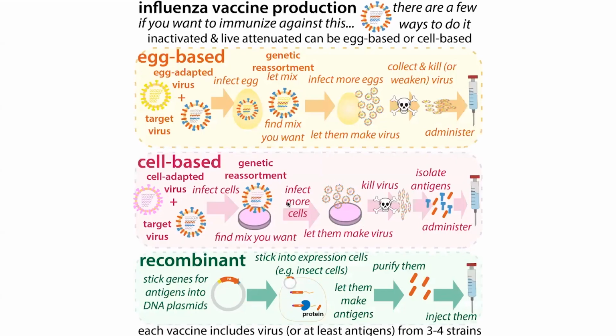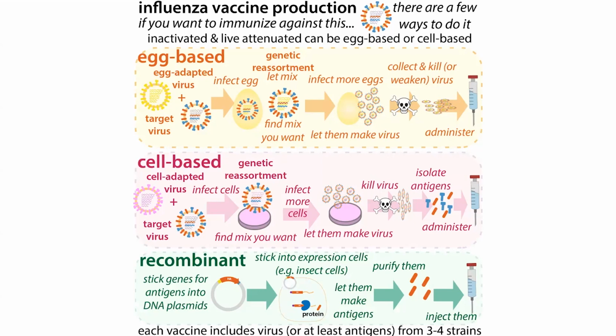These are then made into vaccines in various ways. The vaccines can be produced in eggs and cells, or recombinantly, where basically you put the instructions into cells and you make and purify out the proteins. We'll get more into the details of how these vaccines are made and some of the pros and cons of the various methods.